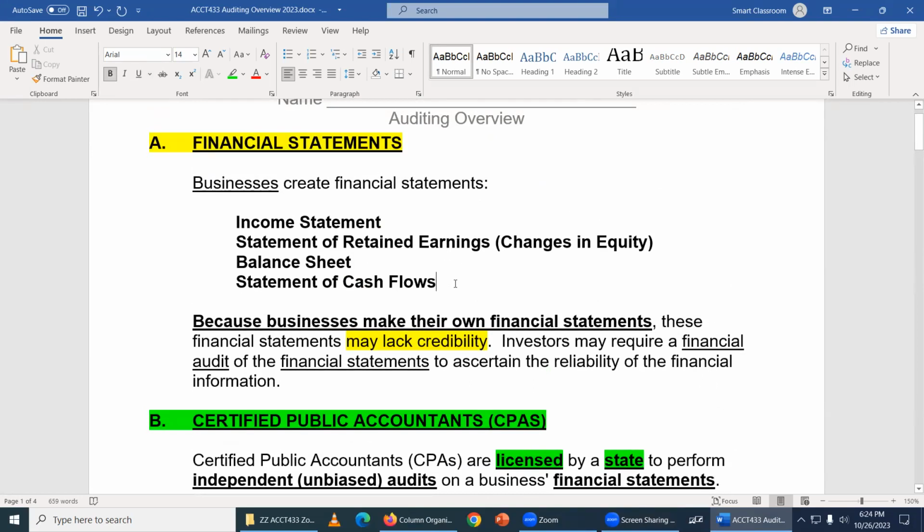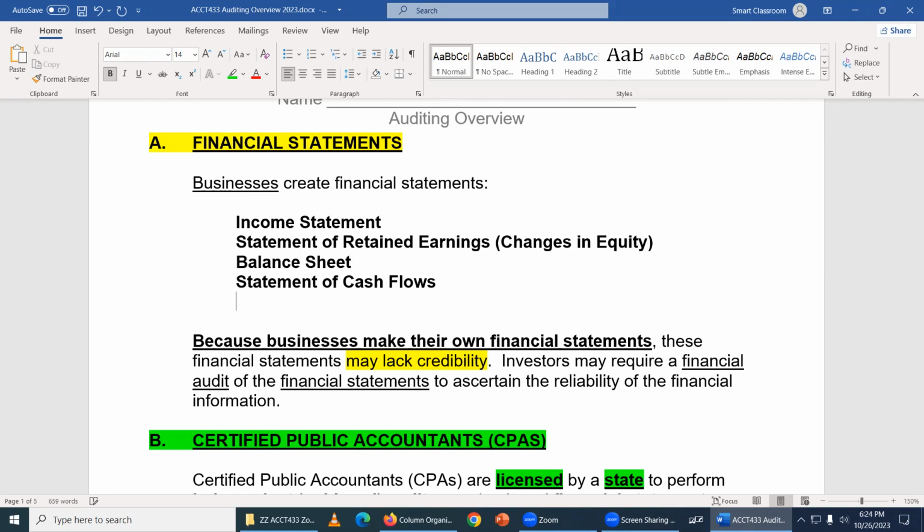They will issue their income statement, statement of retained earnings, balance sheet, statement of cash flows. Along with that, there will be an independent auditor's report that will go along with those financial statements.